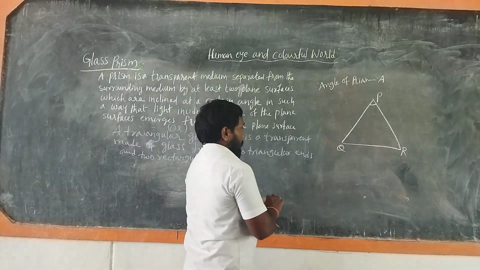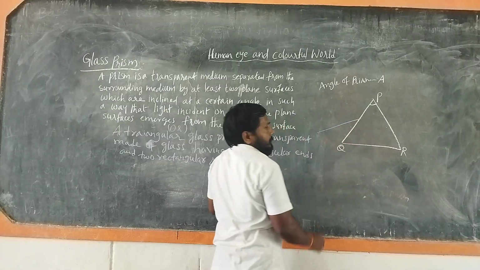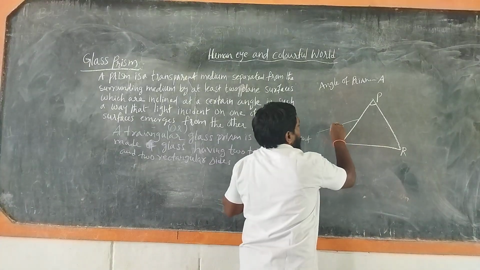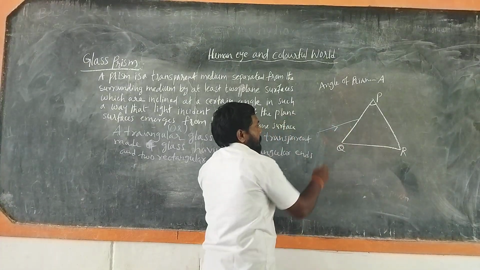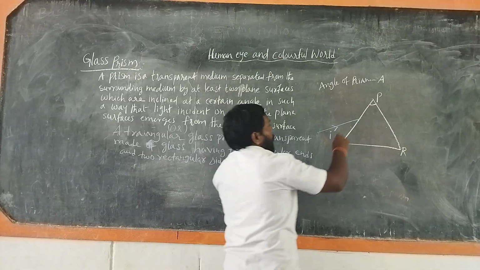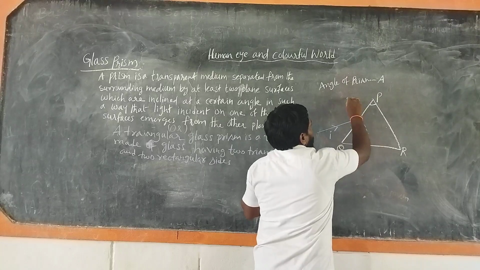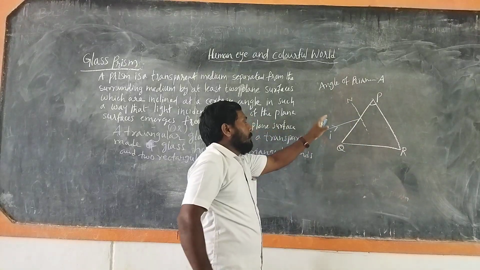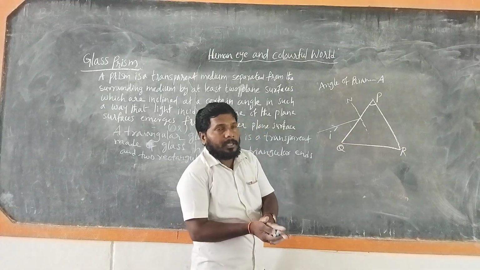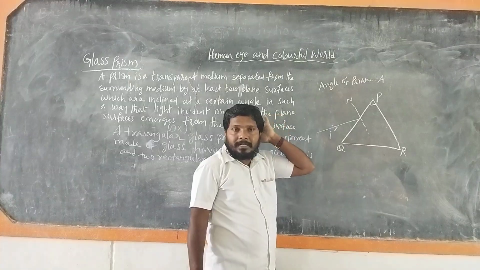A light ray is incident on one surface of the glass prism. This is the incident ray. As we know, we need to draw a normal. This is the normal. Two mediums are there: air is a rarer medium and glass is a denser medium.